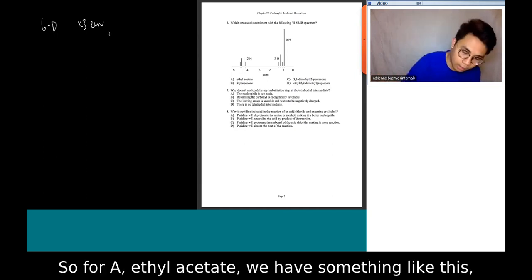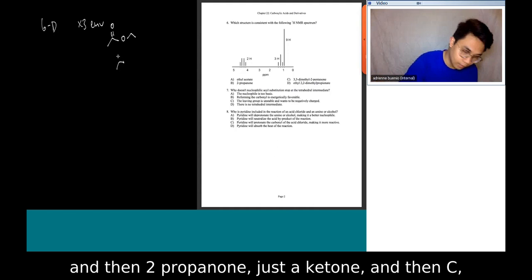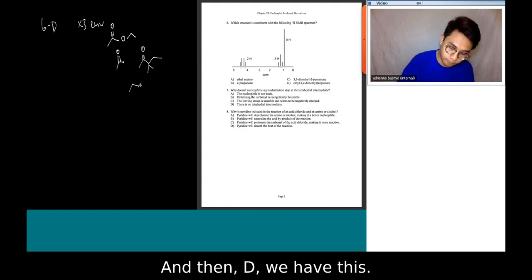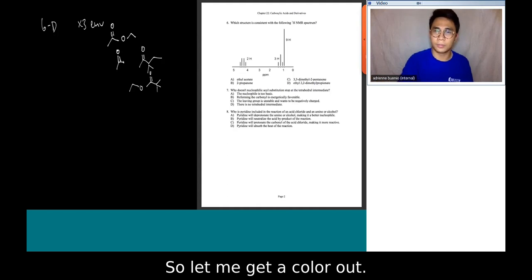For A, ethyl acetate, we have something like this, then 2-propanone, just a ketone, then C, 3,3-dimethyl-2-pentanone, and then D, we have this. Let me get a color out.